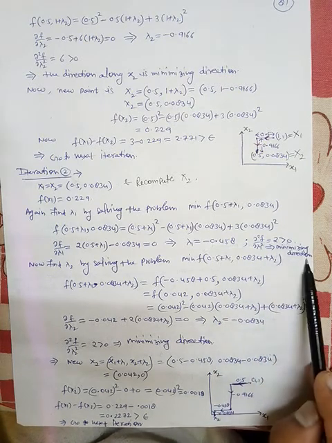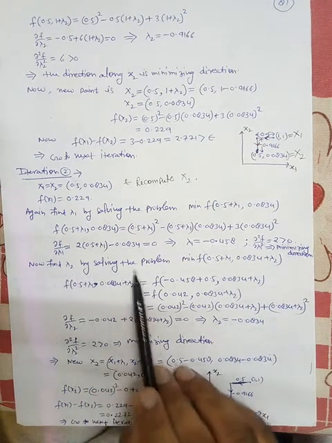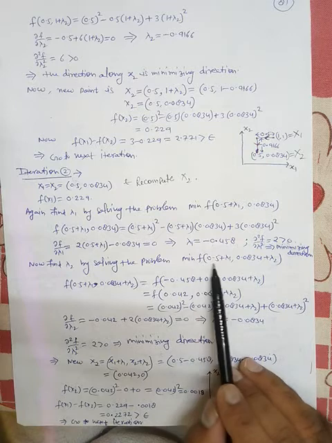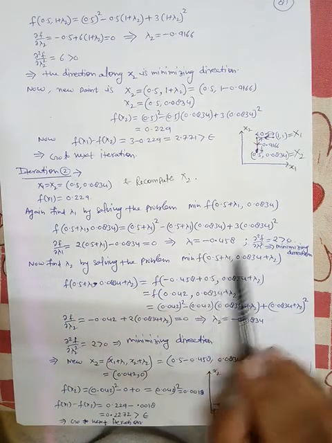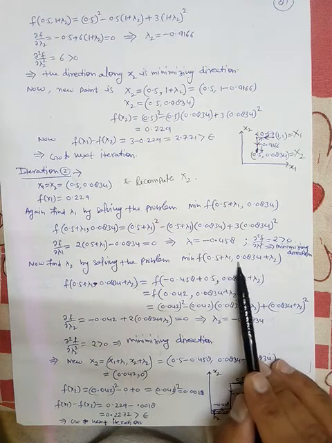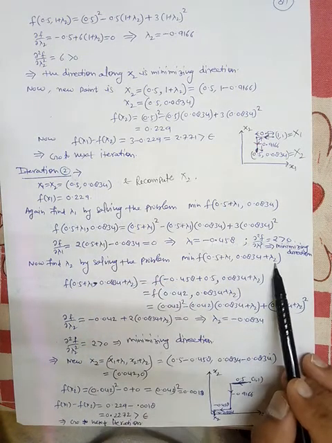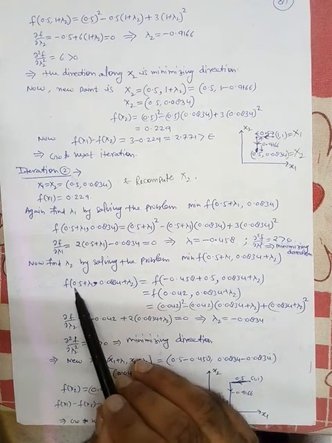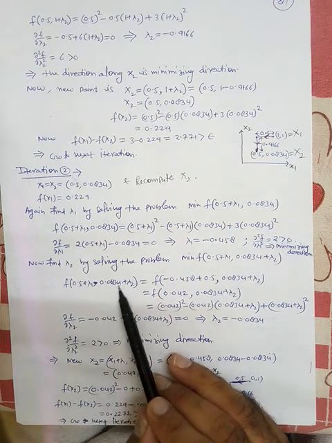So it is a minimizing direction. Now find lambda 2 by solving the problem minimum of f(0.5 plus lambda 1, 0.0834 plus lambda 2).